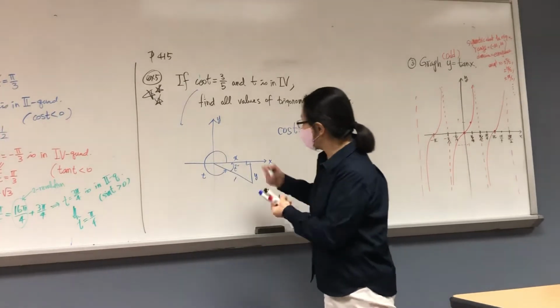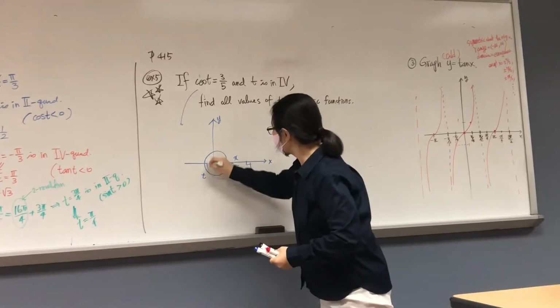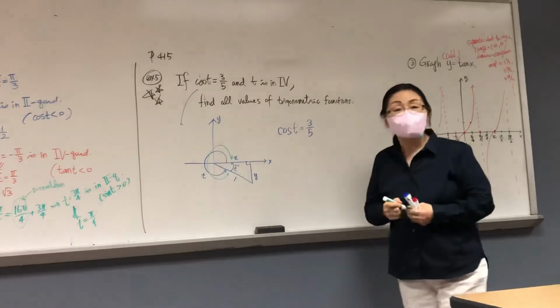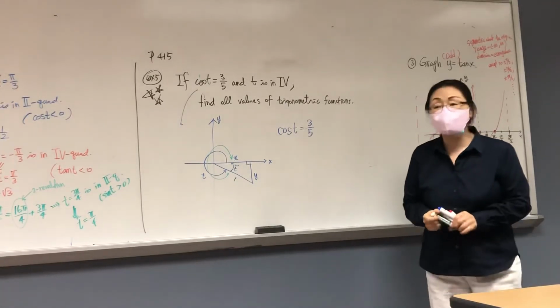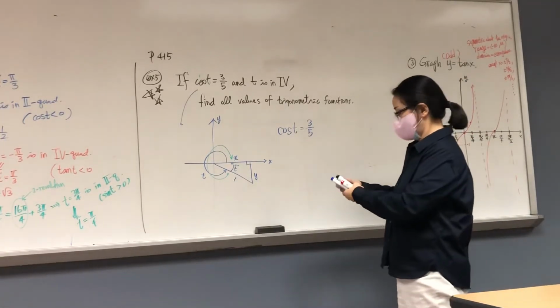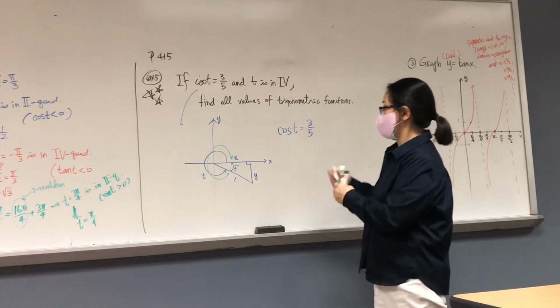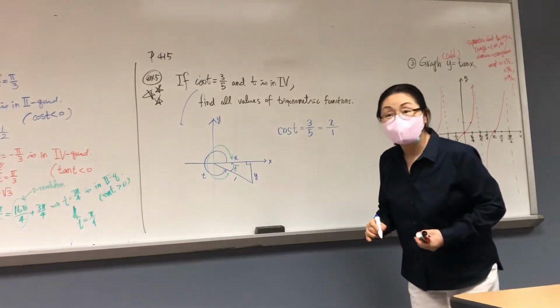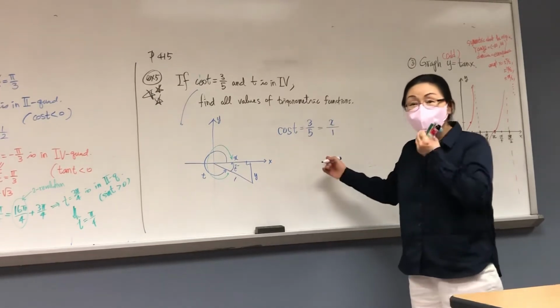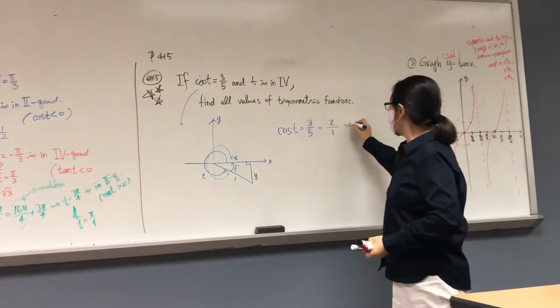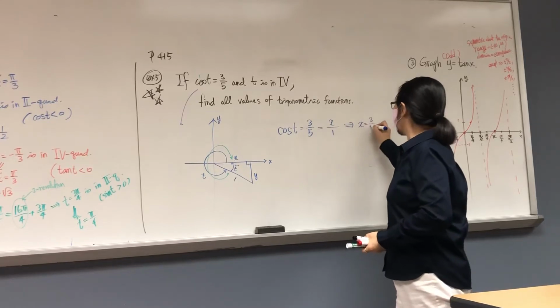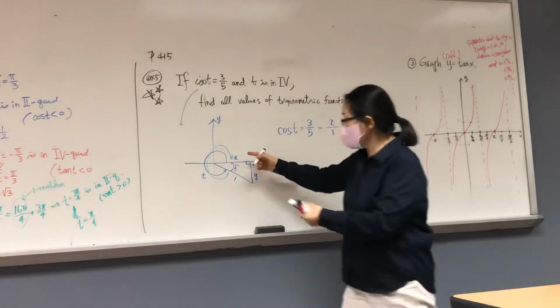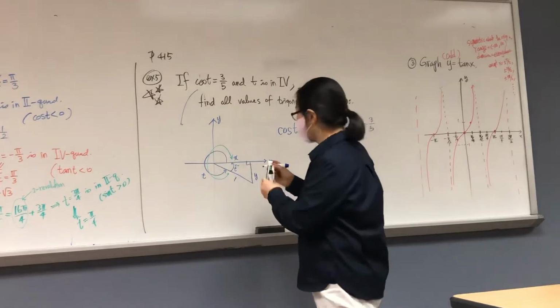Cosine is this. Am I right? Cosine is equal to what? X over 1, that's right. Very good. So x is 3 over 5, so this is 3 over 5. Good job.